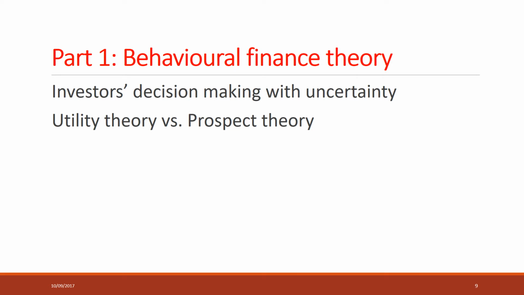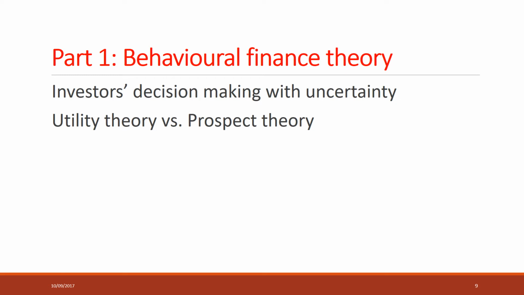As we mentioned before, we will be looking at the investor's decision-making process under the assumption of rationality versus the assumption of irrationality, right? So when investors are irrational, how would their decision be like versus the theoretical prediction of how they should behave when they are rational, right?